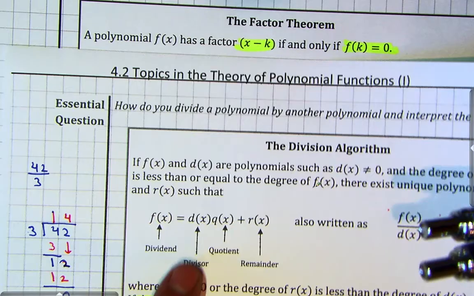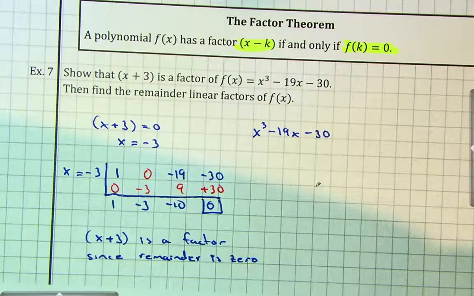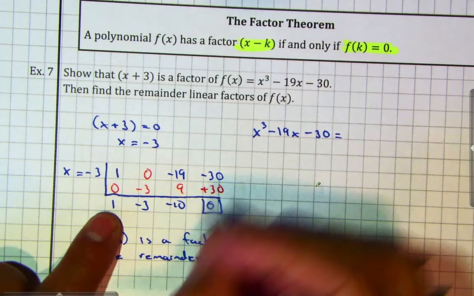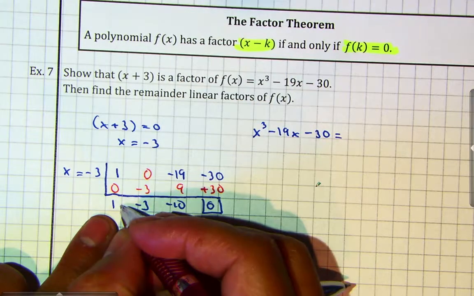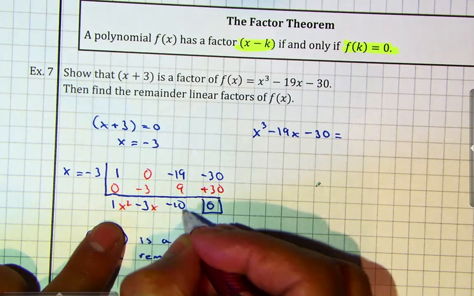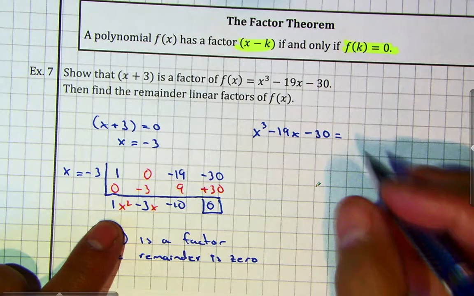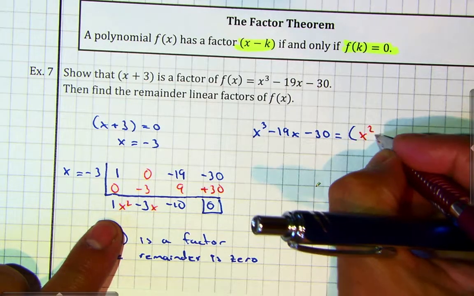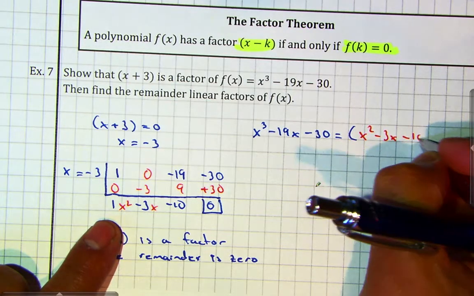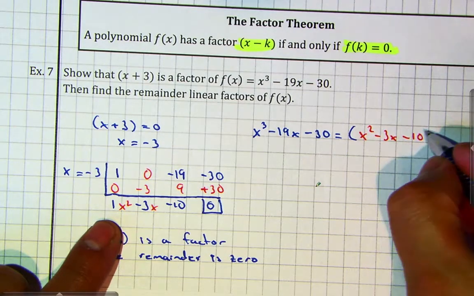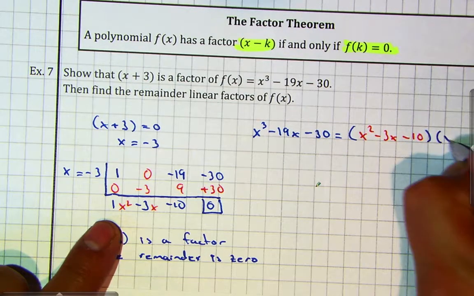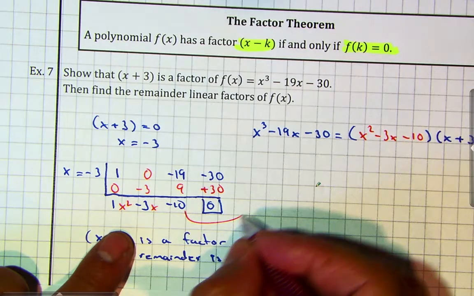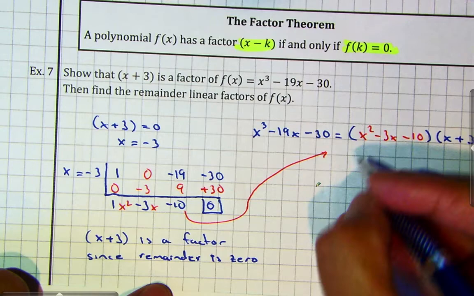So we're going to use this notation instead. It is equal to, this is x to the third, so this becomes x squared, then x and then the number. So this will be x squared minus 3x minus 10 multiplied by x plus 3. And now we can factor this out.